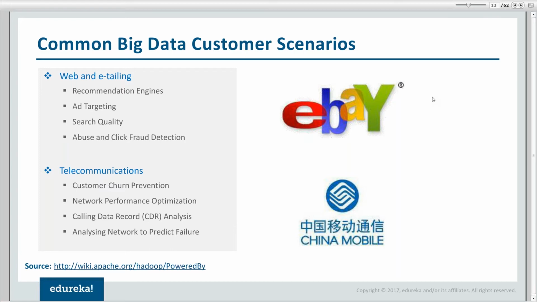And one of the important ones nowadays: the moment you got number portability, the attrition ratio increased. So customer churn prevention, customer attrition, is one of the key analytics. I want to prevent losing my customer. Let's say I have customer call center data available, and I find that this customer is very irate.